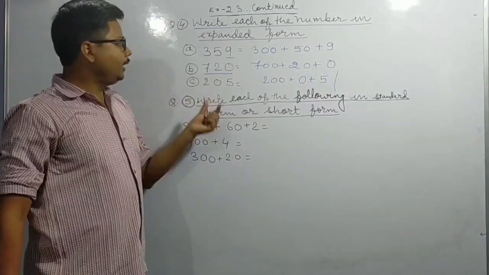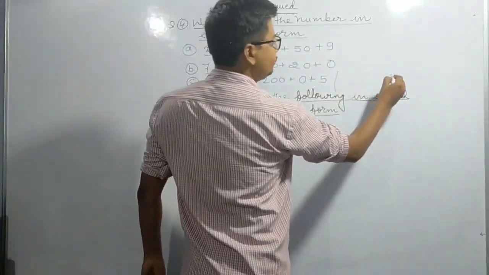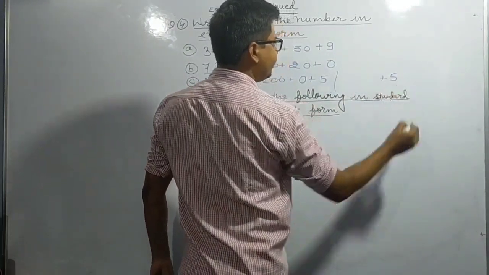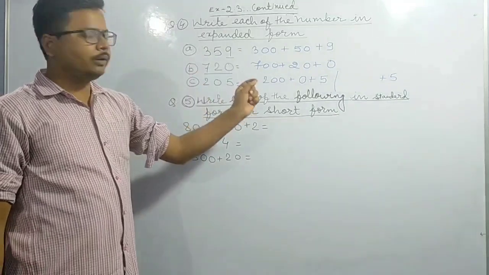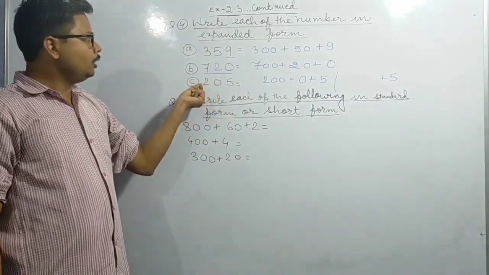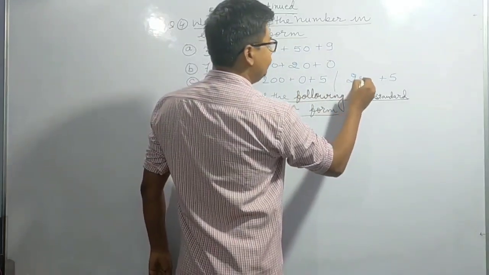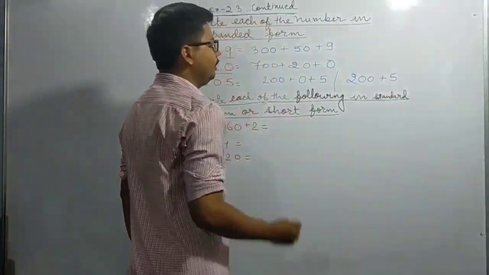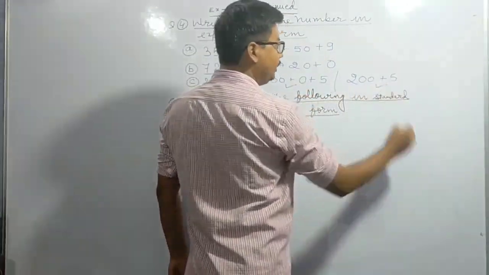One more thing, in this question you can write it like this also. Ones place is 5, so we are writing 5, and in tens place 0 is written, so no need to write tens place, directly come to hundreds place, it is 2, so our answer becomes 200 plus 5. So both the answers are right. This is also correct and this is also.